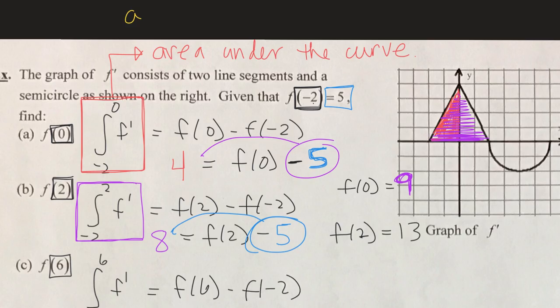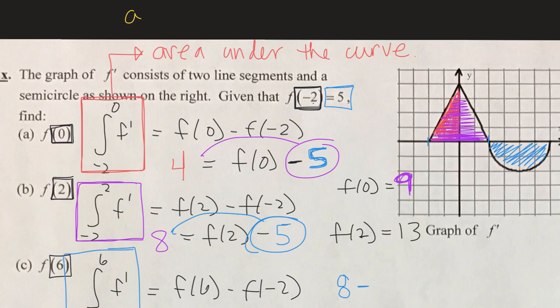Let's think about this for a minute. -2 to 6. Well, that involves from -2 to 2. I already know that that area is 8. And then this area below my x-axis, that's a negative. Any area below your x-axis is a negative area. So this is going to be minus.